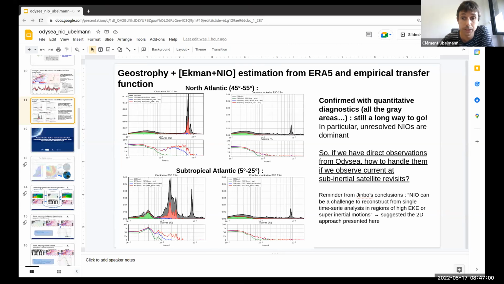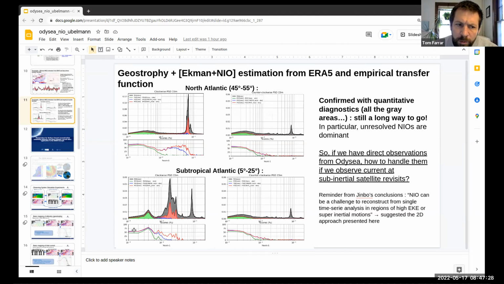And also, which I think is really interesting, I want to come back to this point: at large scale, so at long temporal scales, where I think the observation system doesn't have any sampling issues, we're still about 50% missing. So there is unexplained surface current, even slowly evolving, that is not captured today.